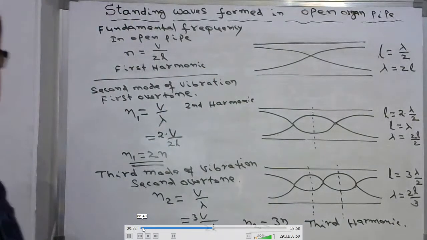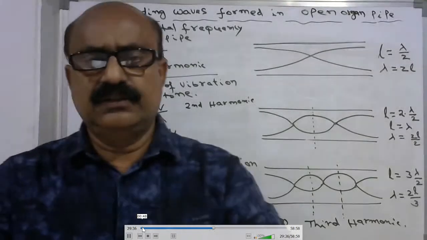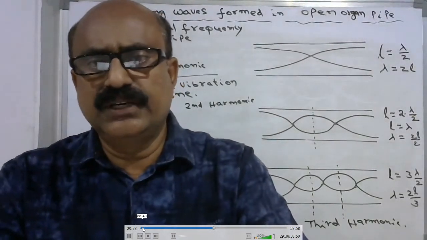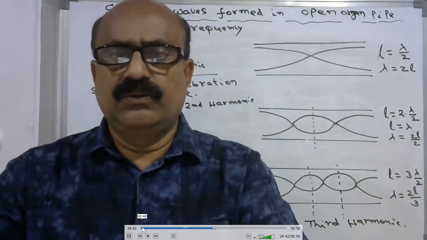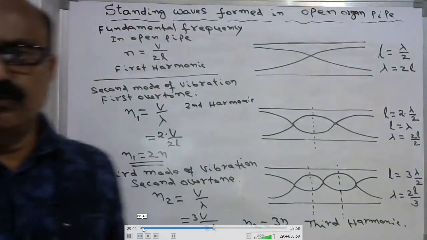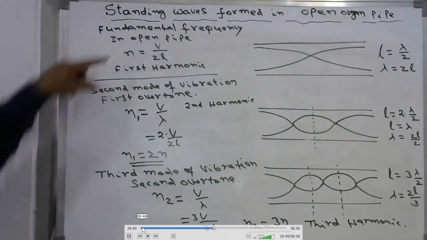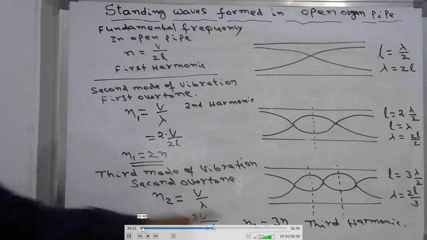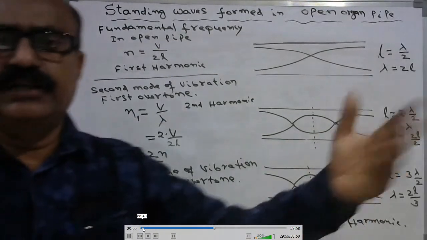So in the case of the open organ pipe, we can get all harmonics, all integral multiples are available. First harmonic, second harmonic, third harmonic, fourth harmonic. This is the first harmonic, this is the second harmonic, and this is the third, 4, 5, 6, and so on.